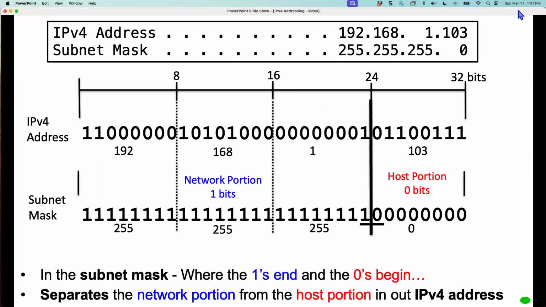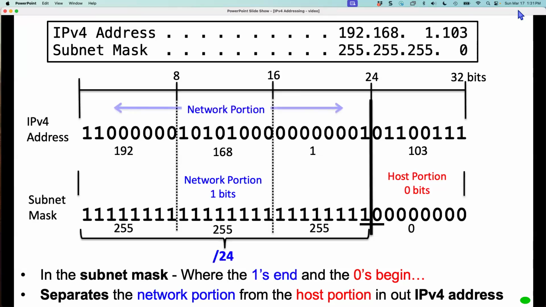If I move this over again where the 1s end and the 0s begin, there's our /24. Again, the network portion is 192.168.1, and the host is 103 on that network.